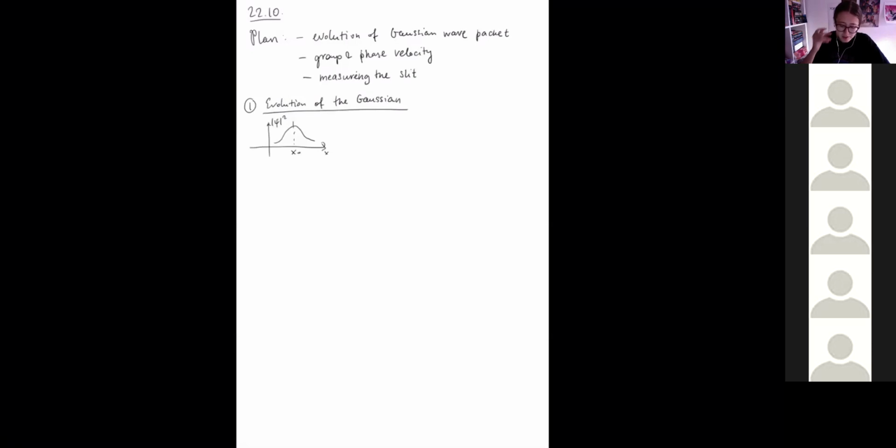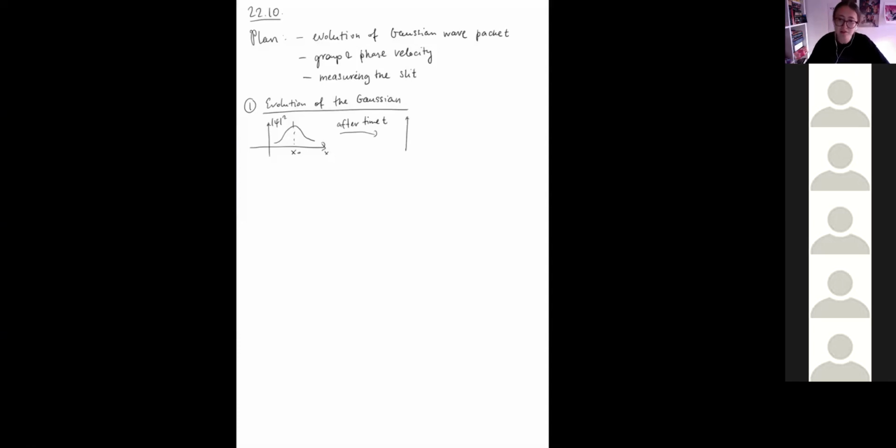And now we'll be looking at how the Gaussian wave packet evolves under the free particle Hamiltonian. So we'll look at the evolution and apply it for time t. And I'll give you the spoiler: the Gaussian packet evolved under the free particle Hamiltonian still stays a Gaussian wave packet.